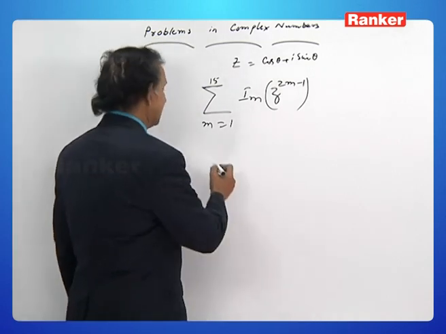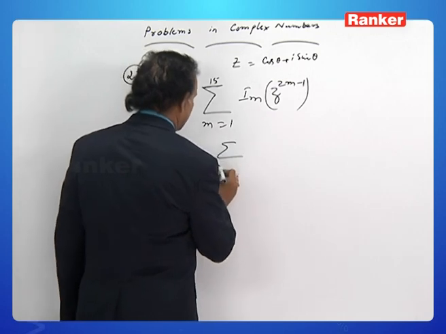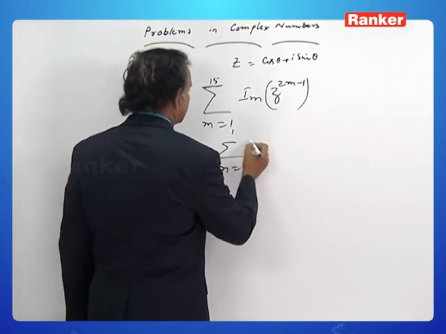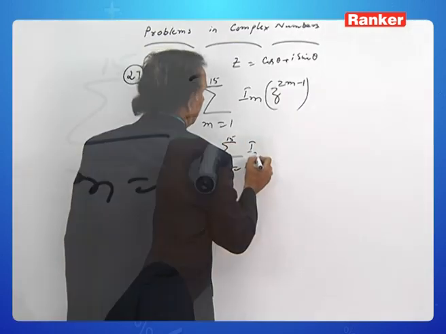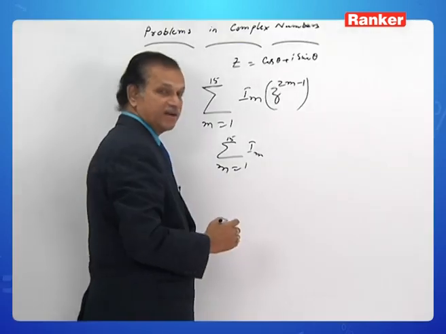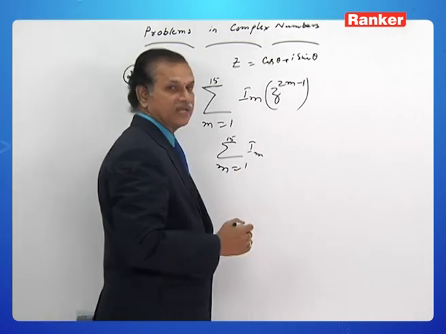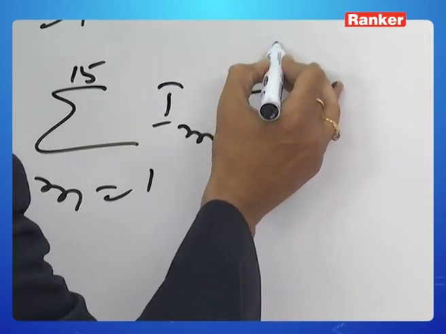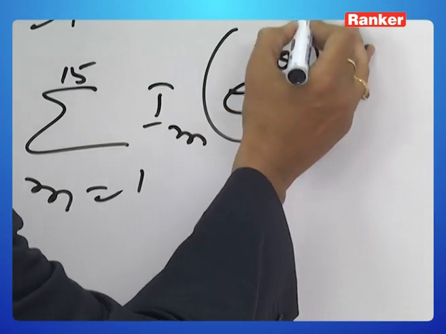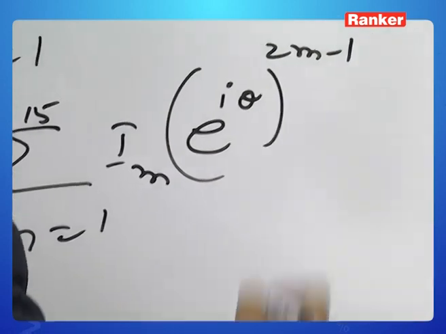Z power 2m minus 1, the imaginary part of it. What is z? Cos theta plus i sin theta, that is e power i theta, whole to the power of 2m minus 1.